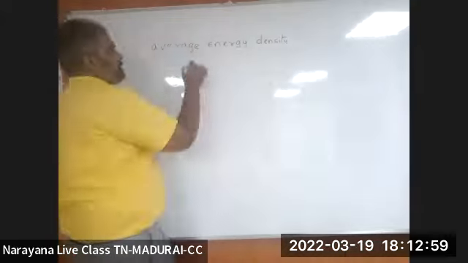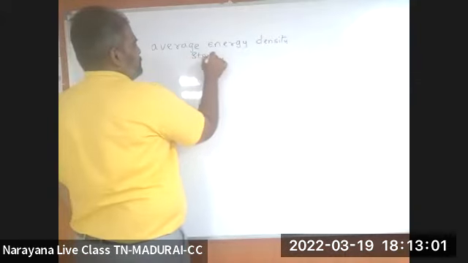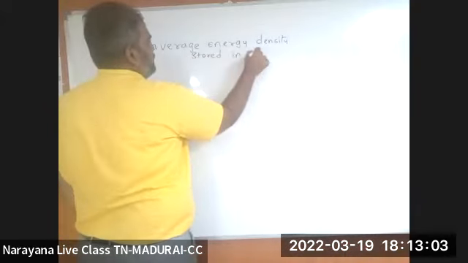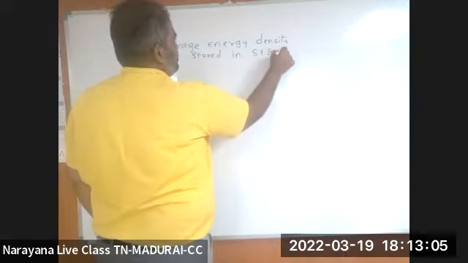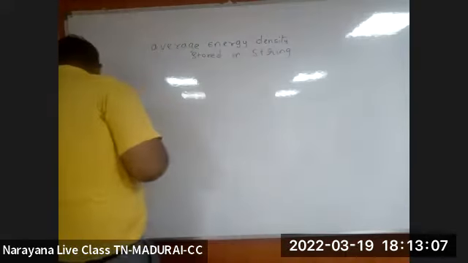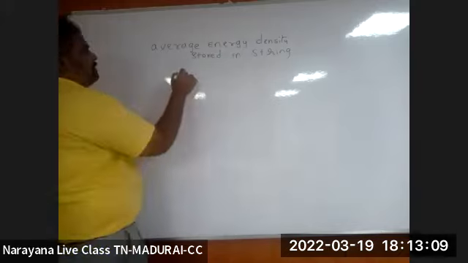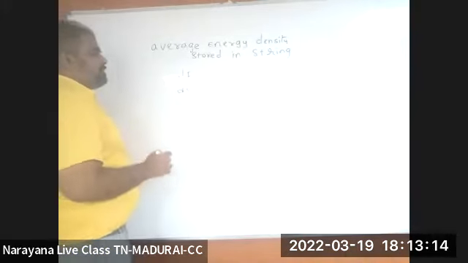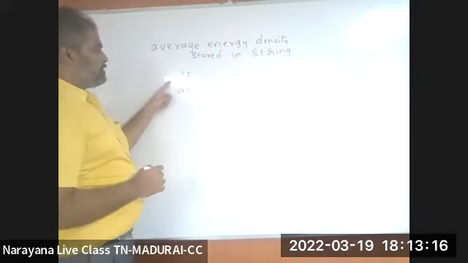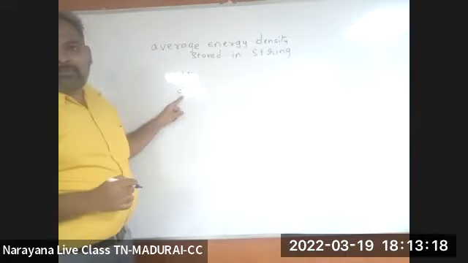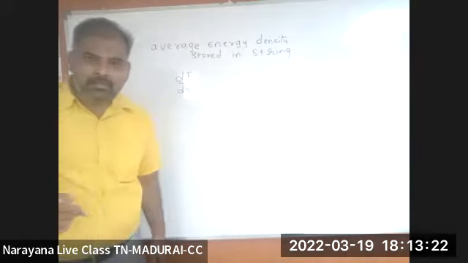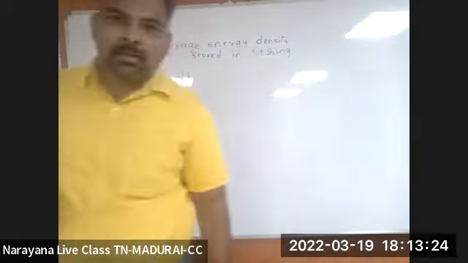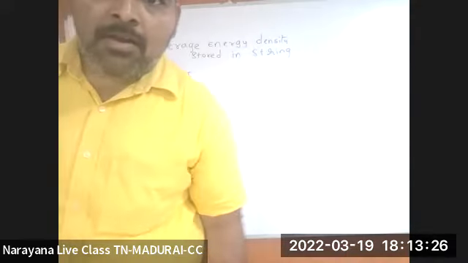stored in string. Stored in string. How much? dE by dx is equal to how much? Average density means total energy stored in 1 centimeter length. Understanding? Okay.